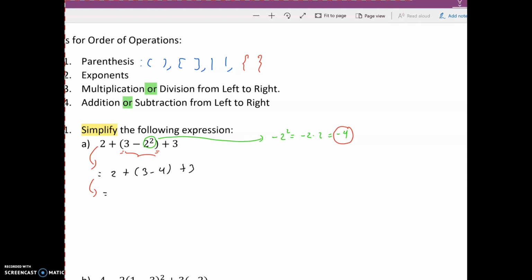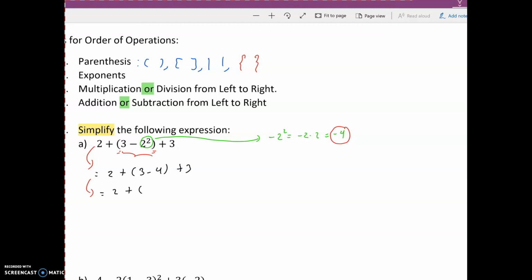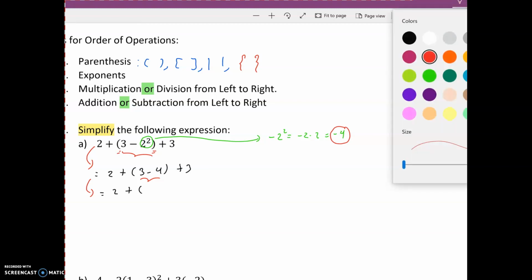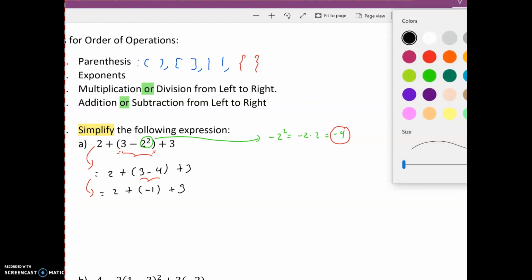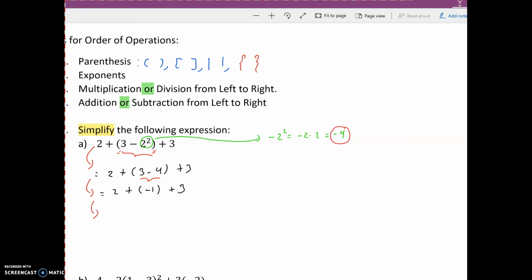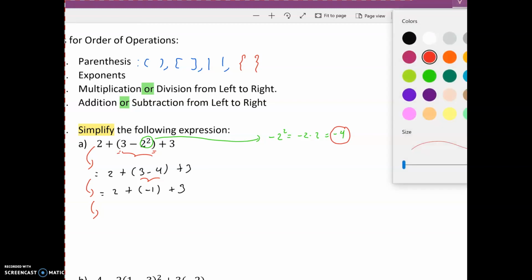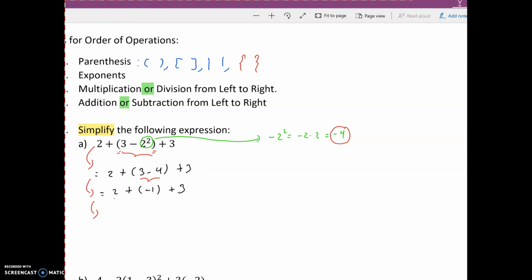Now at this point, what we're looking at is 2 plus, and then on the inside of the parentheses, 3 minus 4, or negative 1, and then plus the absolute value of 3. So the term inside of the parentheses ended up being a negative 1. At this point, I'm just going to follow the rules of order of operations.